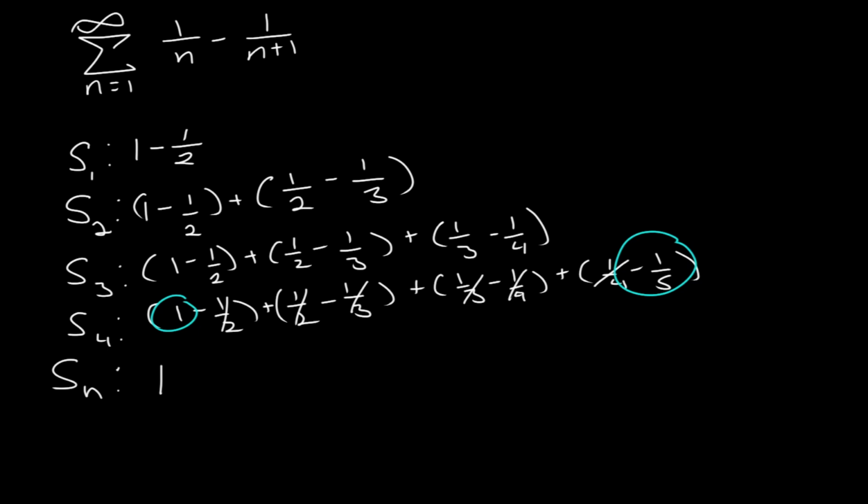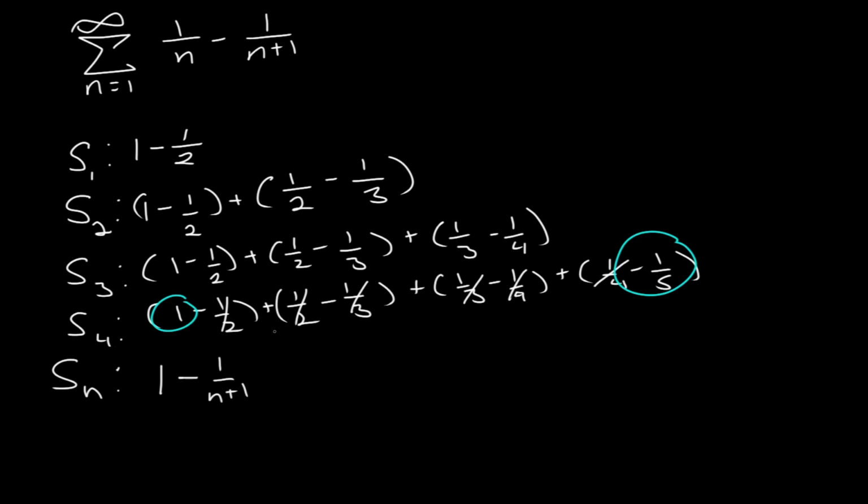Set the upper limit to 2, it's 3. So after noticing this pattern, we can see that the last term will always be negative 1 divided by n plus 1. And if you really want to test it out, you can do an s sub 5, s sub 6, and just keep going from there.